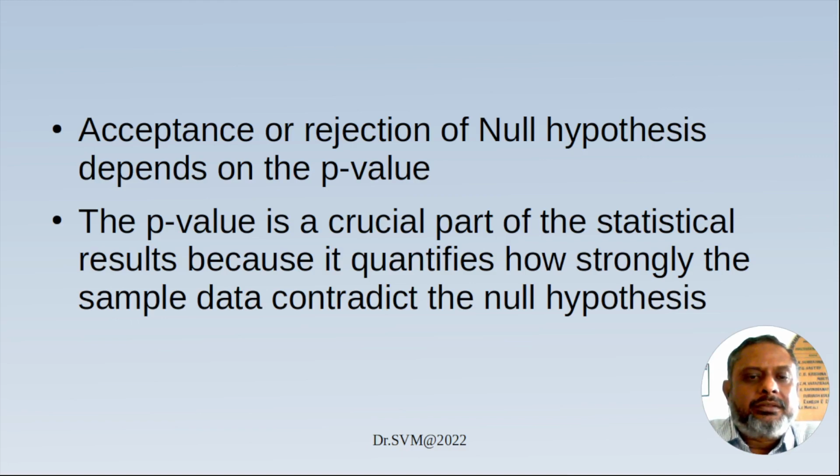So acceptance or rejection of null hypothesis depends on the p-value. A p-value is a crucial part of the statistical results because it quantifies how strongly the sample data contradict the null hypothesis. Yes, we need some numerical way. Until now we were talking everything qualitatively, and when it comes to exact working, we need quantitative.